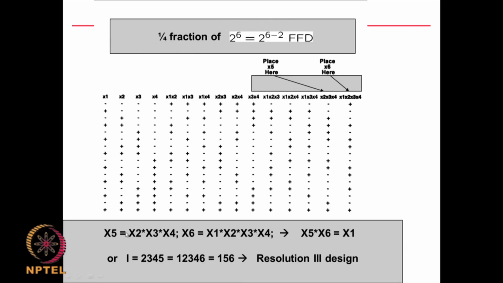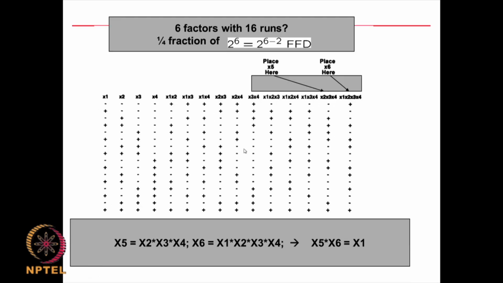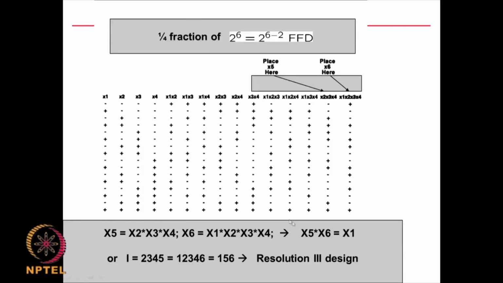Okay. So, as originally we said in the previous picture, when we put it here this becomes a resolution 3 design because we have this type of relation. Okay. Now, what is the aliasing relation? I is equal to 2, 3, 4, 5, which is equal to 1, 2, 3, 4, 6, which is equal to 5, 6.